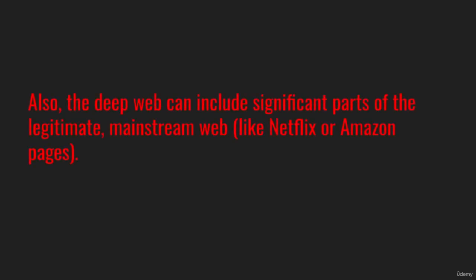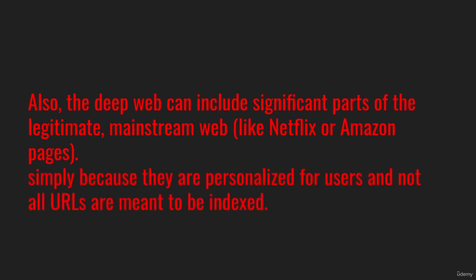Also, the deep web can include significant parts of the legitimate mainstream web, like Netflix or Amazon pages, simply because they are personalized for users and not all URLs are meant to be indexed.